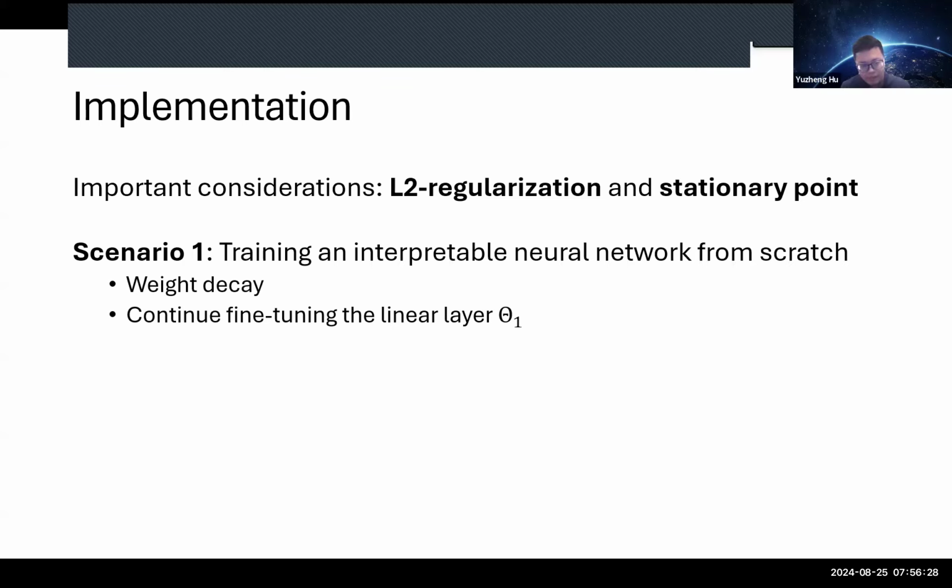So after obtaining a neural network of reasonably good quality, we need to continue fine-tuning the last linear layer theta one to ensure that we reach a stationary point to very good precision. This is how the authors propose to meet these two criteria: the first is to use weight decay, and the second is to perform continued fine-tuning on the last layer.